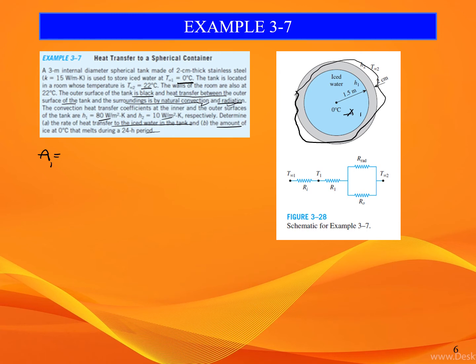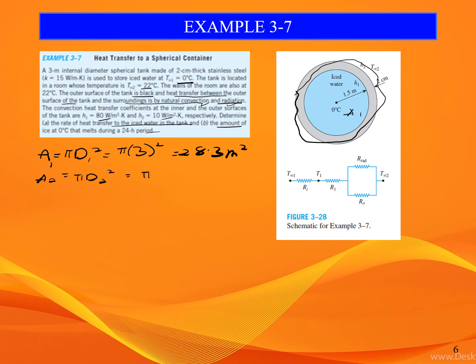A1 is inside, so we have pi d square. The diameter here is 3 meters, since 1.5 is the radius. So pi times 3 square is equal to 28.3 meter square.